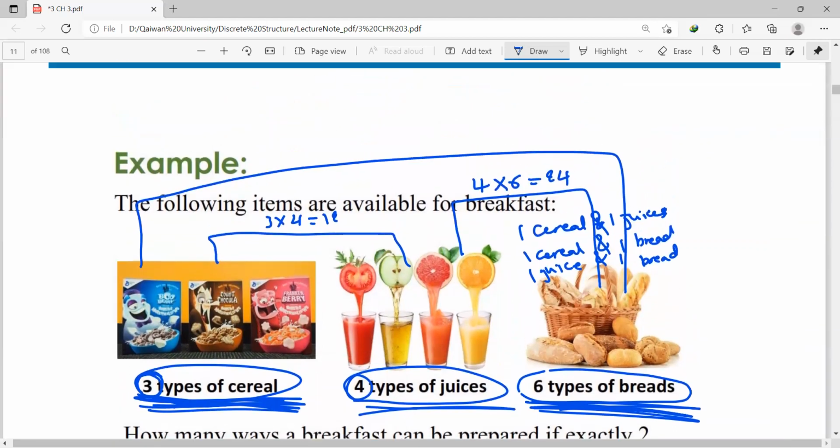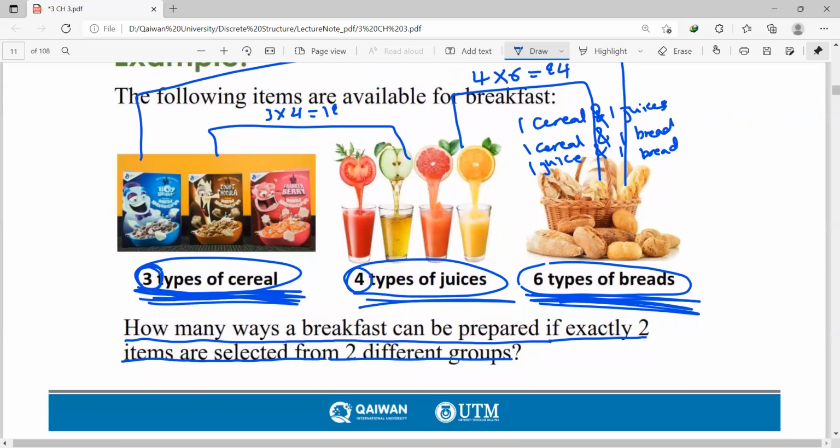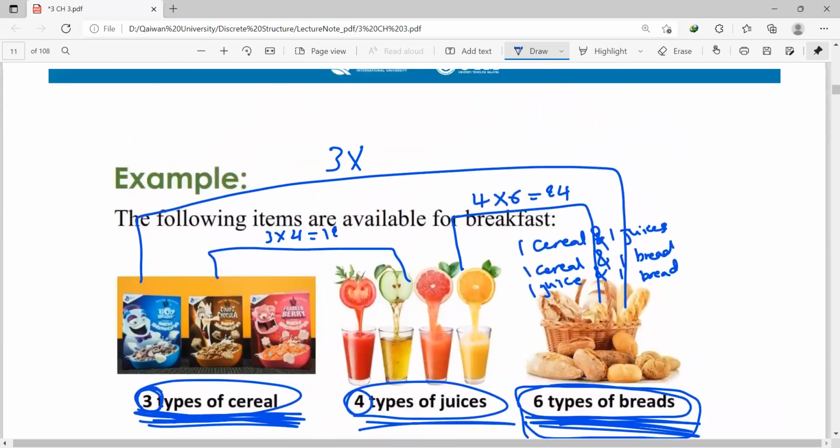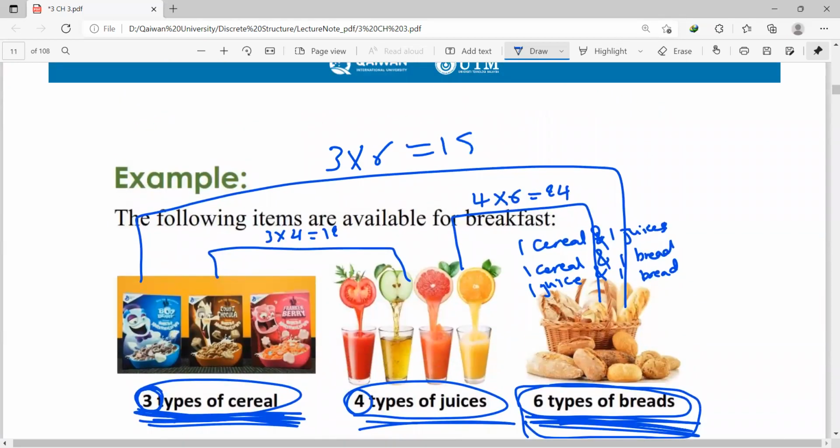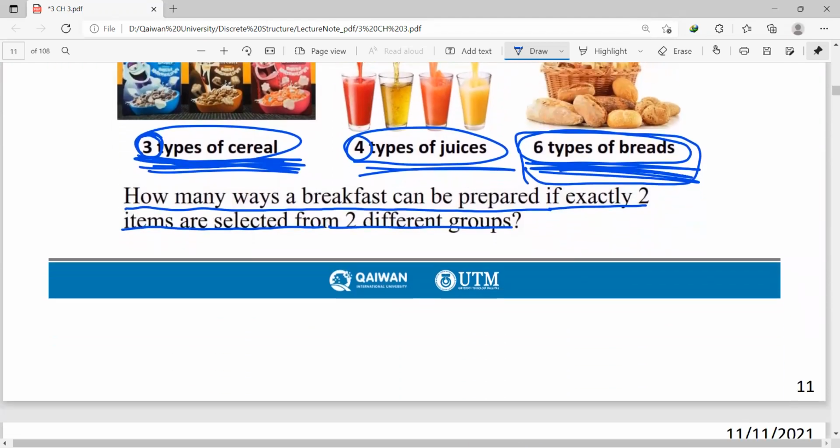So here you have 3 ways for selecting an item from the cereal, multiplying by, for breads, we have 6 types. If you pick an item from it, how many ways do we have? 6, which is 18.